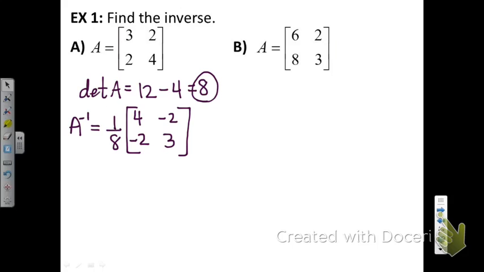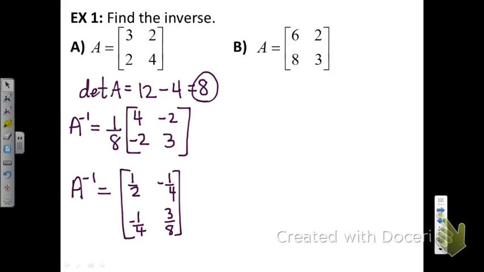So they both become negative. And then the last step will be to actually distribute that 1/8 through. We talked about it as being a scalar, so it distributes to all 4 terms. So if we take 1/8 times 4, we get a half. 1/8 times -2 is -1/4. Same thing down here. And then 1/8 times 3 gives you 3/8.